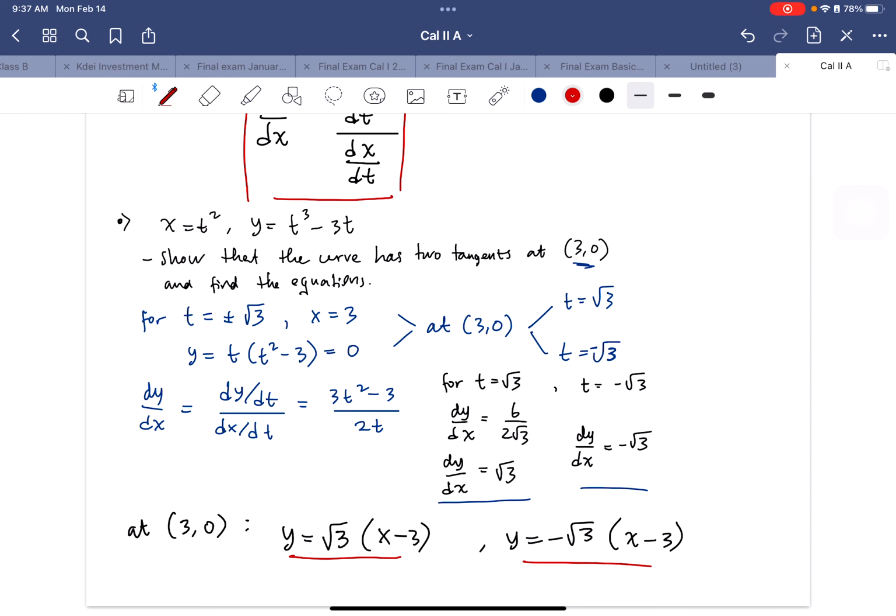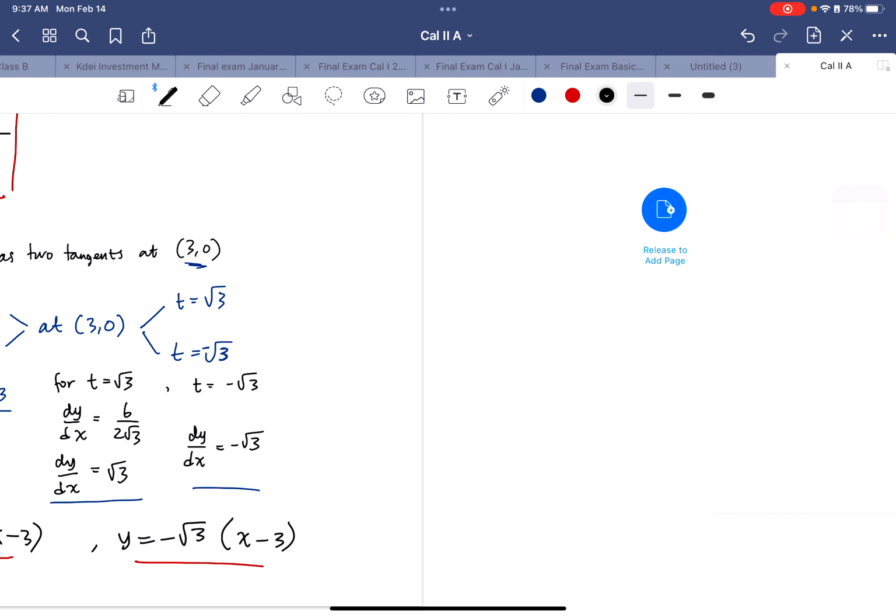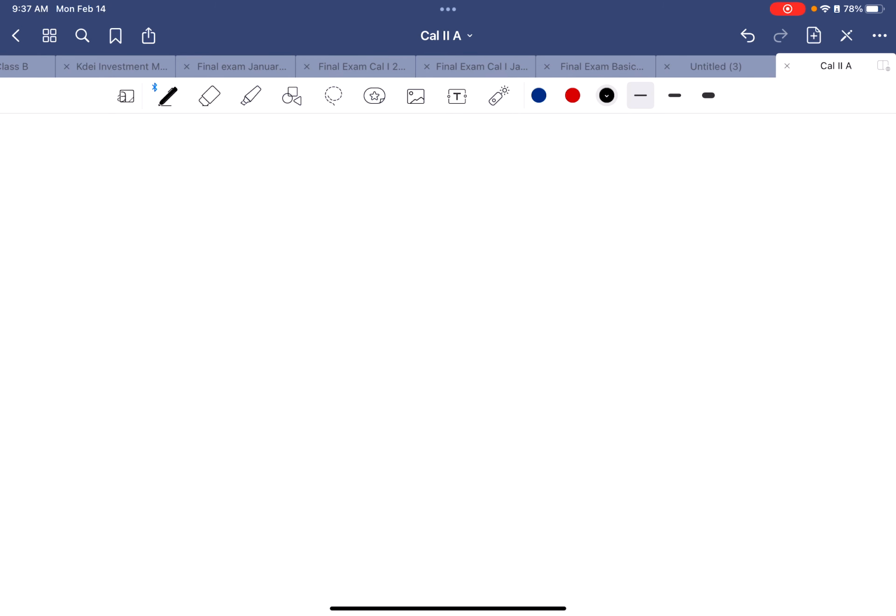Let me move to the next slide. It's still the same question. Let me write the curve equations.